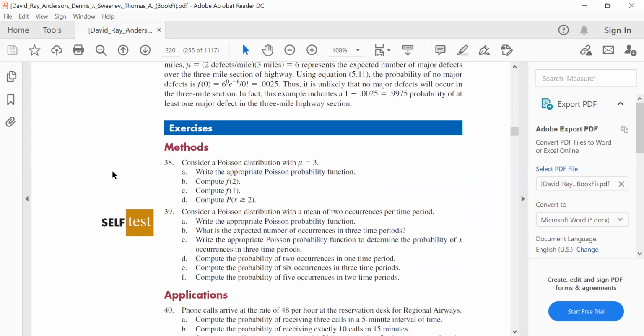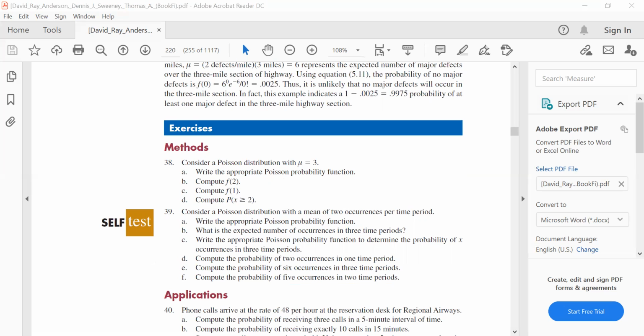So now let's consider question number 39. Consider a Poisson distribution with a mean of 2 occurrences per time period. So your mu is 2. Part A. Write the appropriate Poisson probability function.